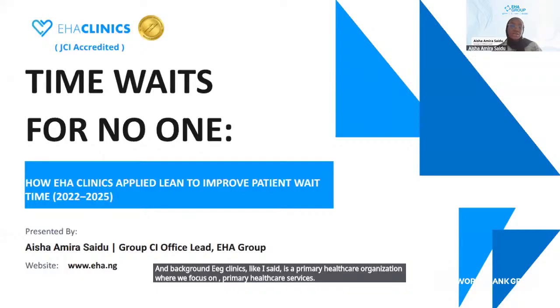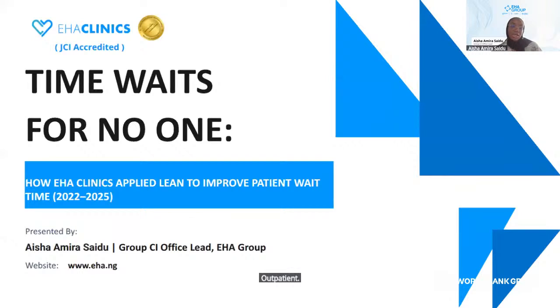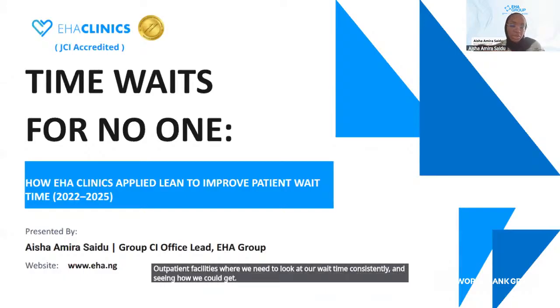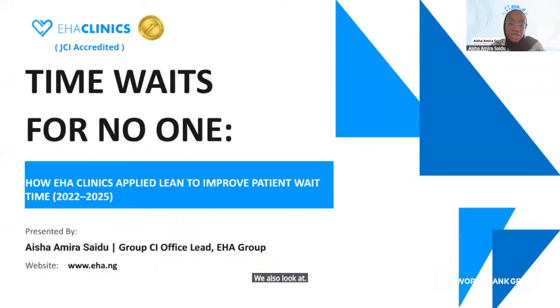And with that, it means we run mostly as an outpatient facility. And because of that, understanding that this is a bottleneck for most outpatient facilities, where we need to look at our wait time consistently and see how we could get full satisfaction for our patients, right? And also at the clinic, we look at quality and patient safety as our topmost priority.